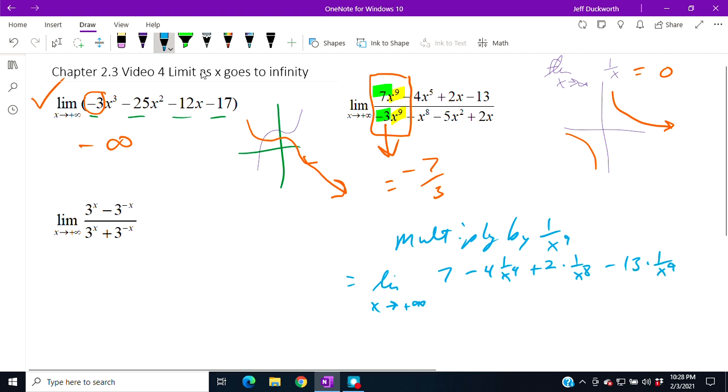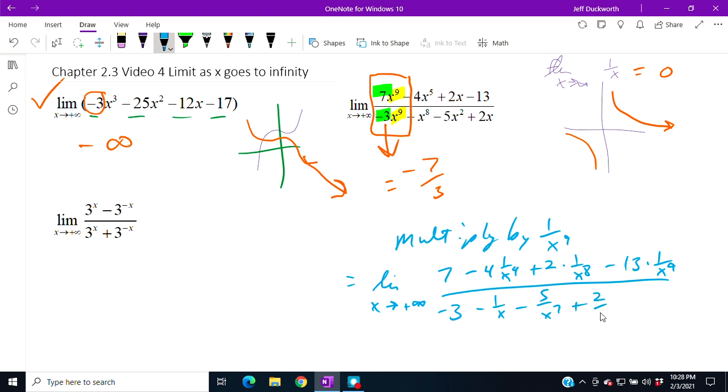Well, and again, all over, what do we have? Negative 3 times 1 minus 1 over x minus 5 over x to the 7th plus 2 over x to the 8th.